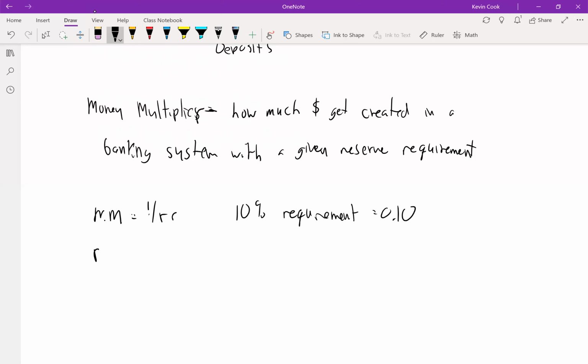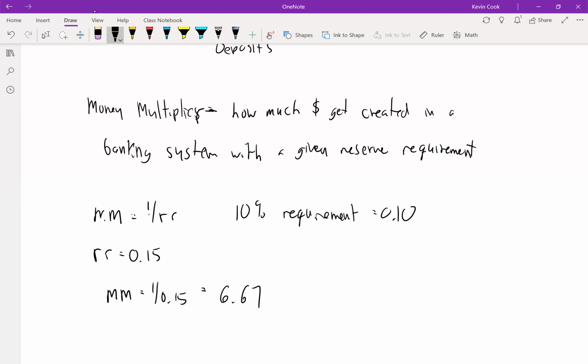So if we had a reserve requirement equal to, say, 15% or 0.15, then our money multiplier would be equal to 1 over 0.15, which comes out to 6.67.